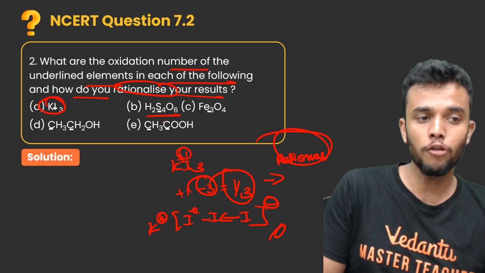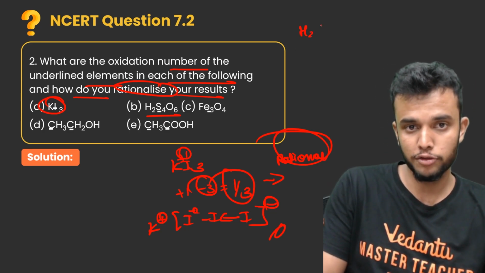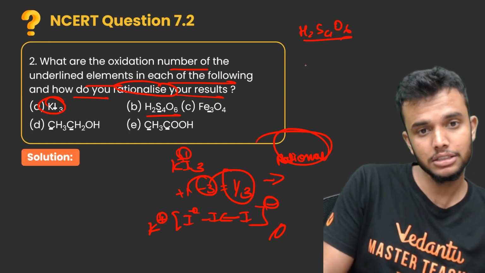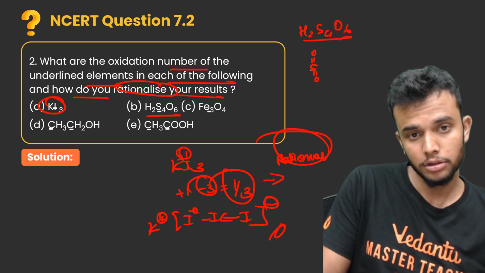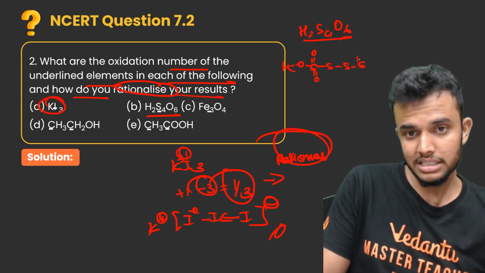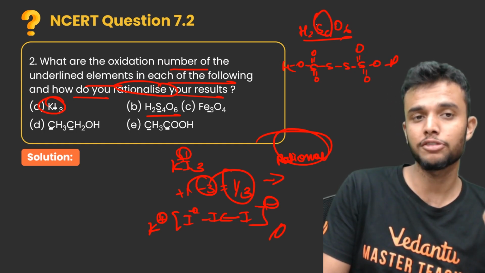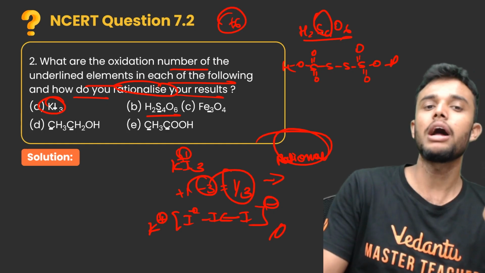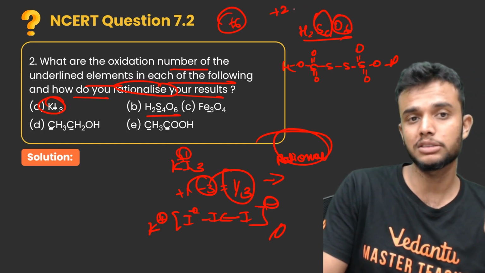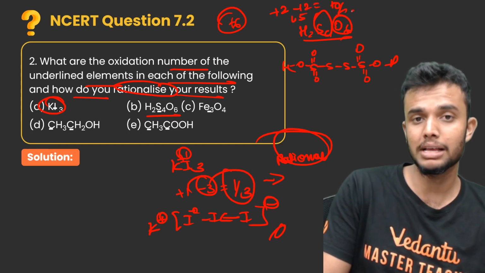Second one, H2S4O6. What is the structure of this compound? Let's write the structure, students. OH, then S-S compound, and this is a structure of the compound. But what is the oxidation state of sulfur? It is always +6, right? But if you solve this now, +2. What about this? -12, right? 10. 4 sulfur is there, but it also gets some +8 value.